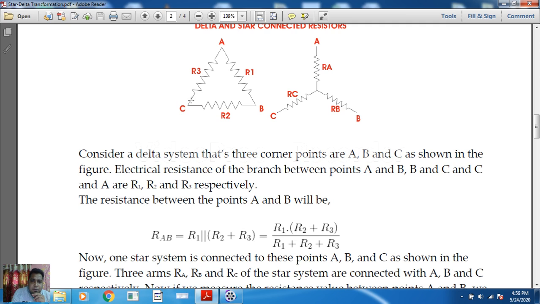The current entering through A will flow through R3, coming to C. Again it will flow through R2, and the current passing through R2 will add at B with the current passing through R1. So we can say that R2 and R3 in series are in parallel with R1. That means we have assumed that between this AB terminal, if we connect a source, then the current will enter into the circuit.